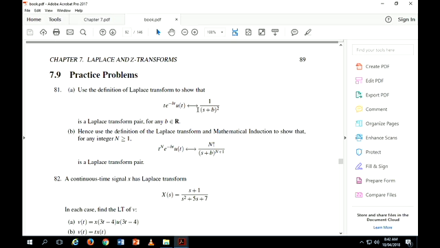Then, for the mathematical induction, I will assume for N equal to K, this relationship holds.